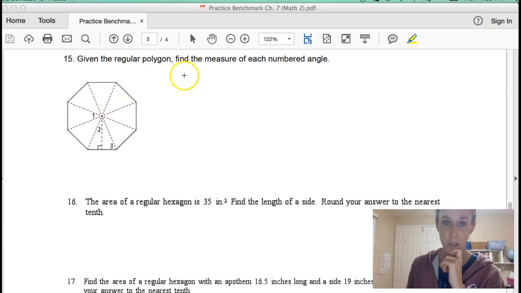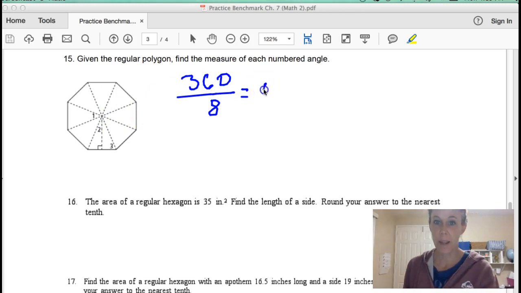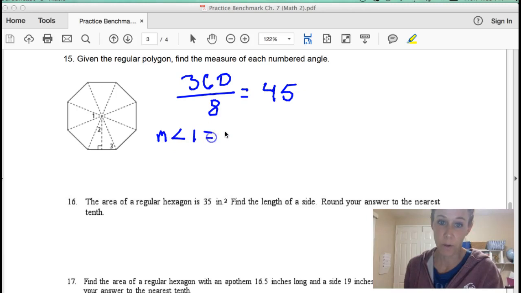I have an octagon. And I know I have 360 degrees to divide up 8 ways. And when I do that, it's going to give me each central angle. So if I do 360 divided by 8, I'm going to get 45. I know each angle is going to be 45 degrees. So the measure of angle 1 is going to be 45 degrees.